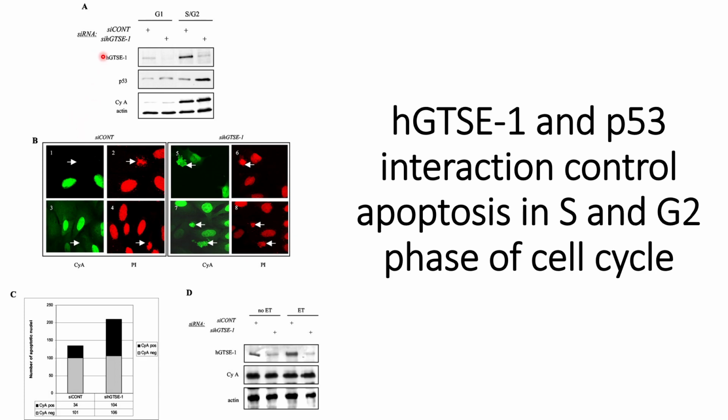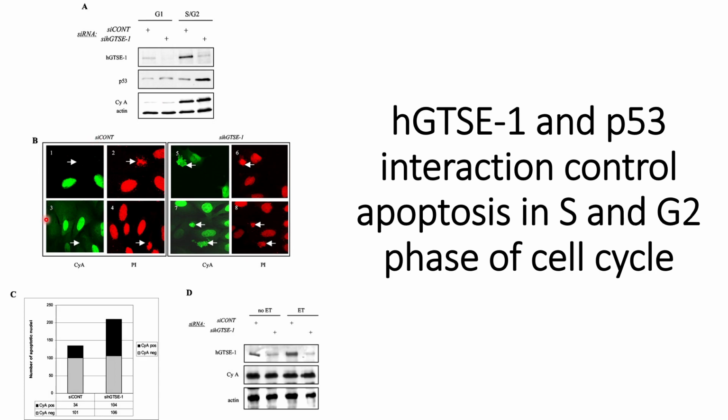Later on, they developed a strategy to compute apoptotic cells in the S and G2 phase of the cycle through two dyes. The first one is the cyclin A dye, and the other one is the propidium iodide dye. They stained the S and G2 phase cells using these two dyes.